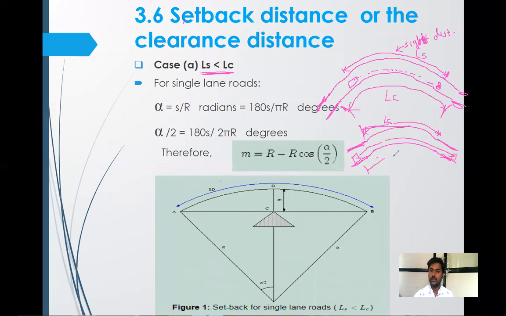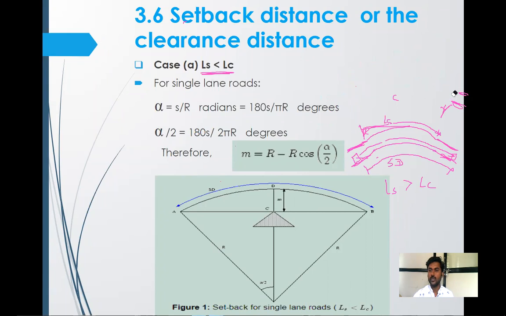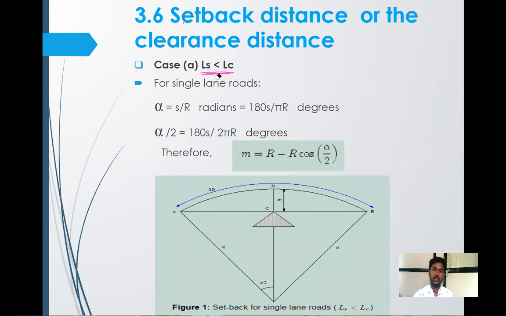In the second case, the length of side distance is greater than the length of curve. We have to study both cases. We have seen the formula for the first case, when the length of curve is greater than side distance. So we will move forward.